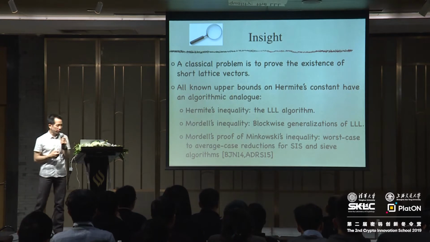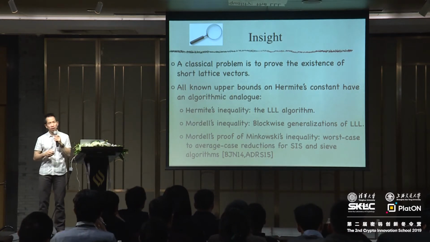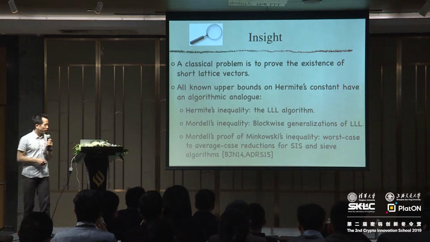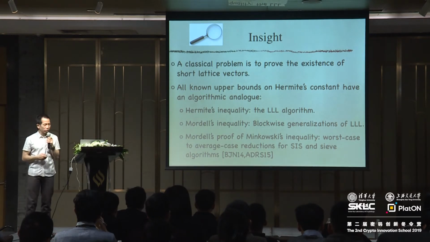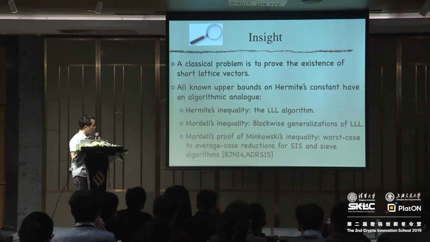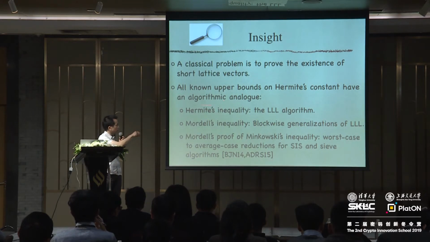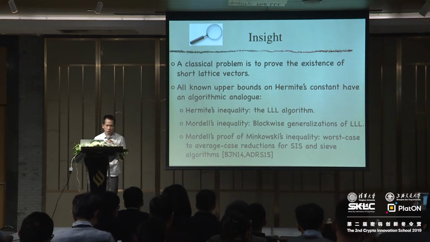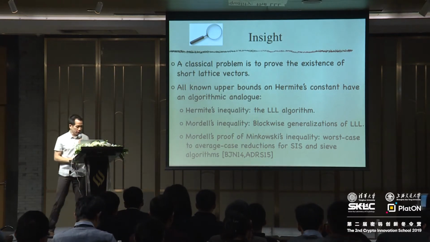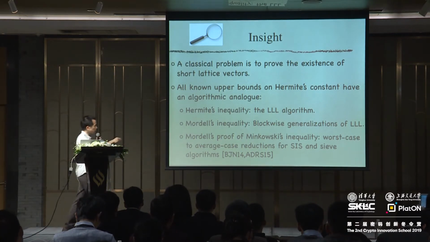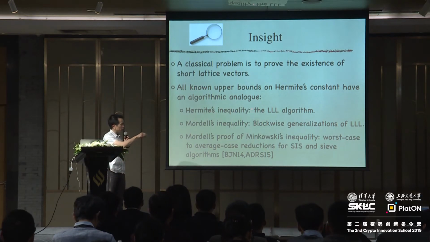it turns out that we've essentially been rediscovering mathematics. So all the algorithms that we found are somehow just an algorithmic analog of some upper bound on Hermite constant. So I'll show you what it means. So Hermite inequality gives you the LLL algorithm.